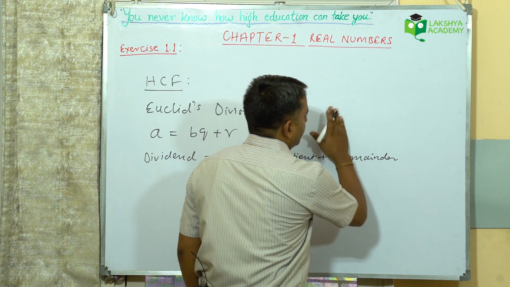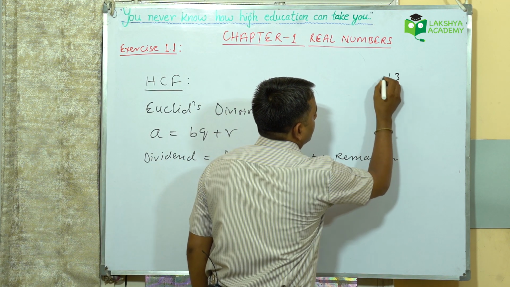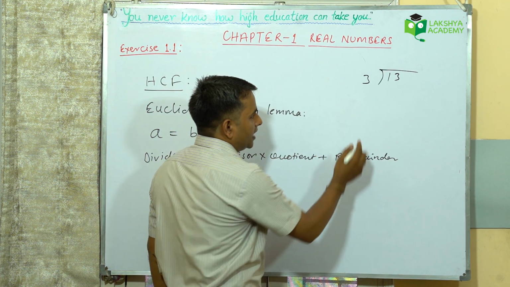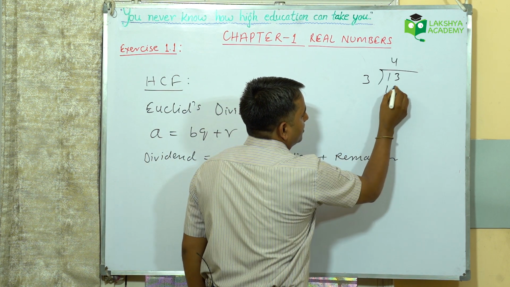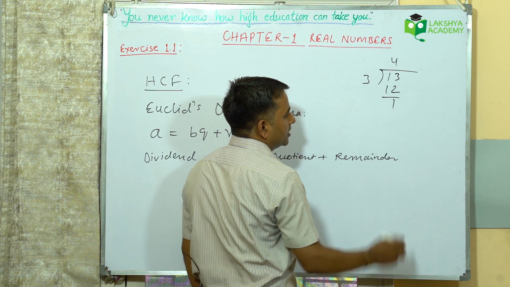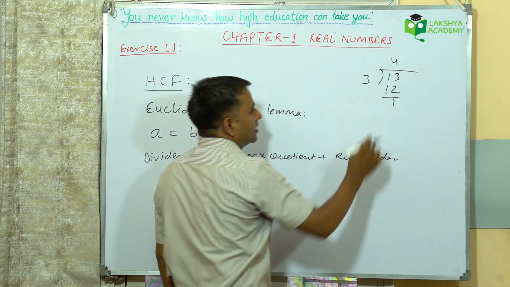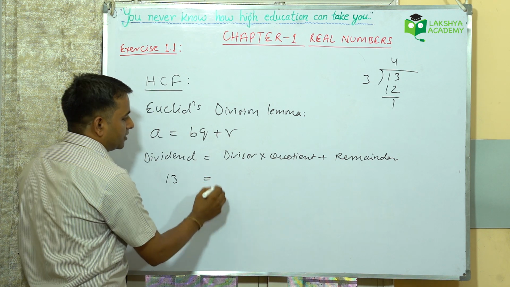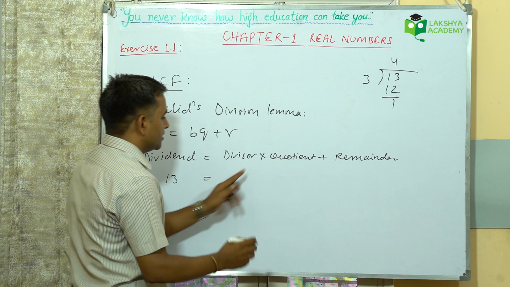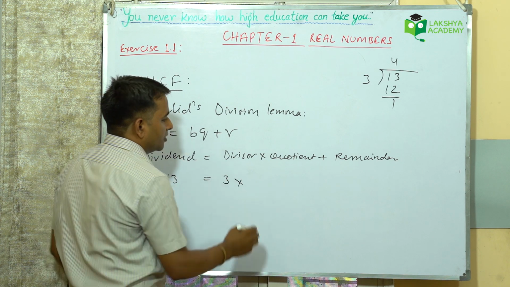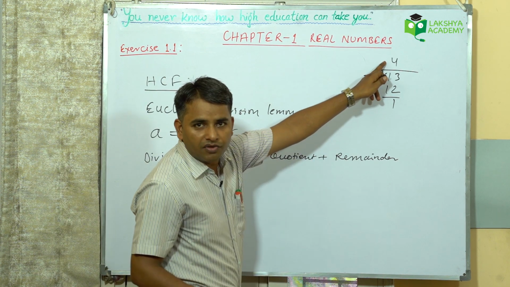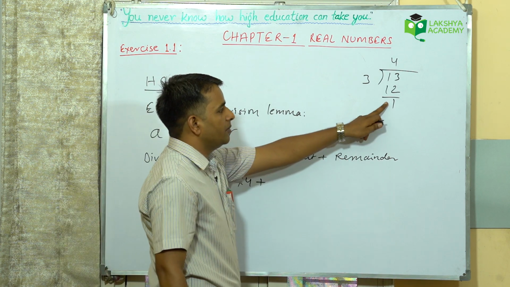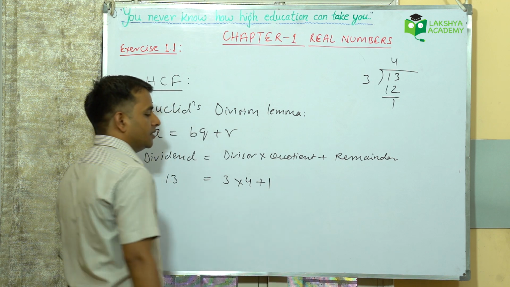Suppose for example we take a small example like 13 divided by 3. How do we divide it? 3 fours are 12, remainder is 1. So how do we write it? 13 is the dividend, so writing here 13 equals, the divisor is 3, so write down 3 into the quotient, which comes out to be 4, plus the remainder is 1.